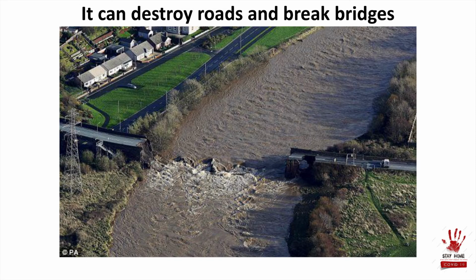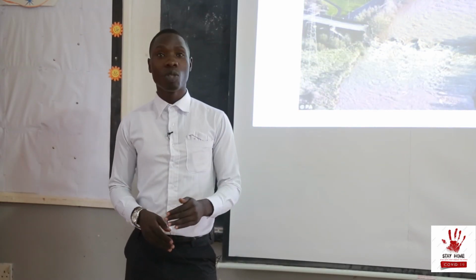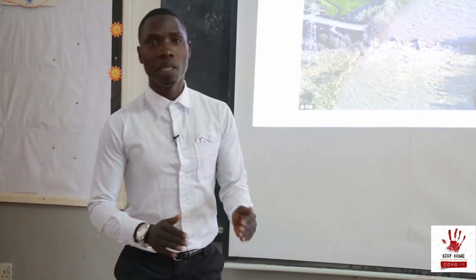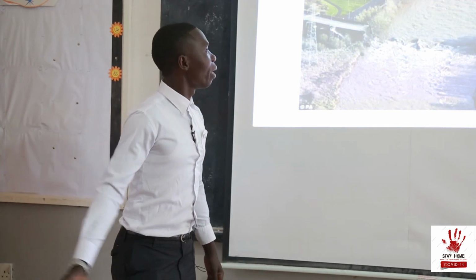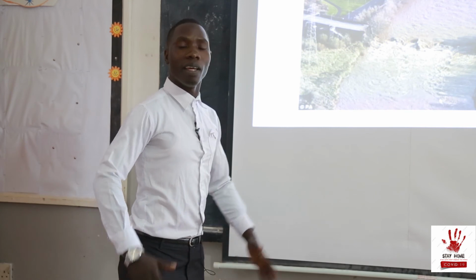Okay. We also have, it can destroy roads and break bridges. You see, like in our country, most of the roads are not tarmacked. Even tarmac roads can be swept, but mainly the roads that are not tarmacked, and even the bridges, if they are not very strong, they can be swept away by the mass of flowing water or the floods.